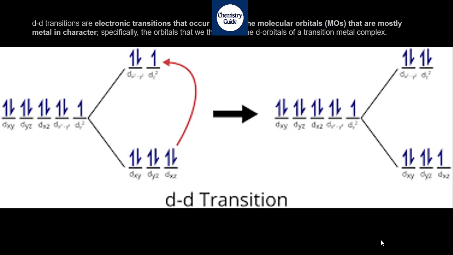So the transition of electrons from lower molecular orbitals to higher molecular orbitals results in d-d transition, and this results in the appearance of color.